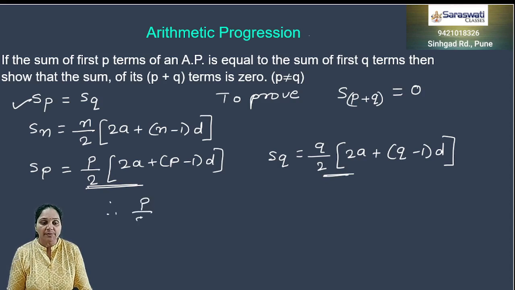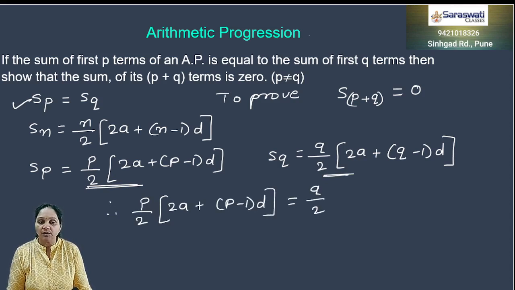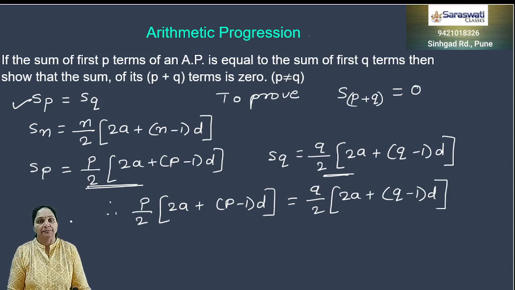and hence consider them: p upon 2 into bracket 2a plus p minus 1 into d is equal to q upon 2 into 2a plus q minus 1 into d. Okay, now here we can cancel this 2 and multiply this bracket by p and this bracket by q.